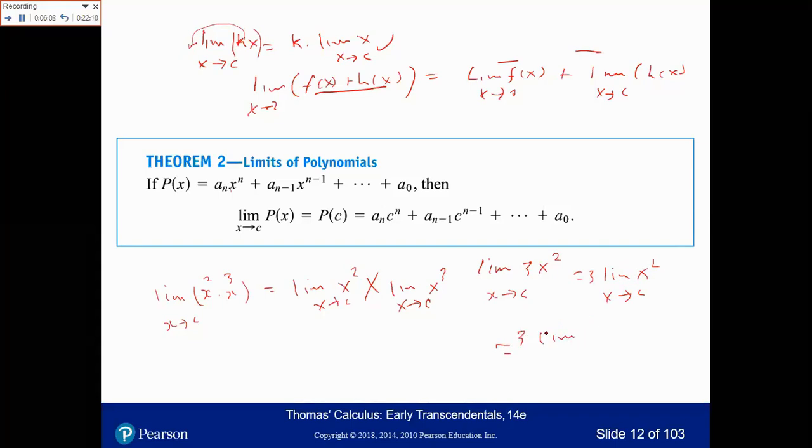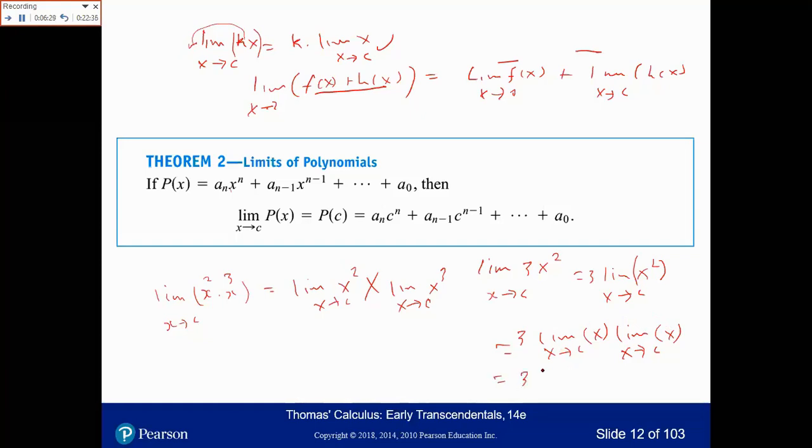We have the 3 over here. It has limit as x goes to c of the first x, and then limit as x goes to c of the second x, because there are two x's, right? Limit of x times x is equal to the limit of the first x multiplied by the limit of the second x, correct?